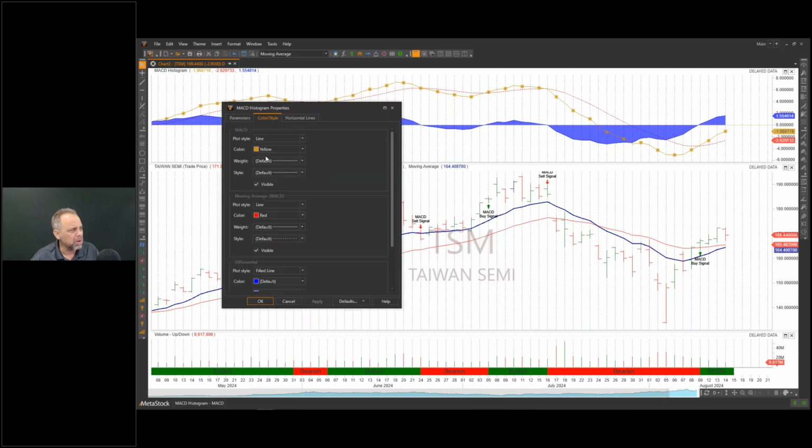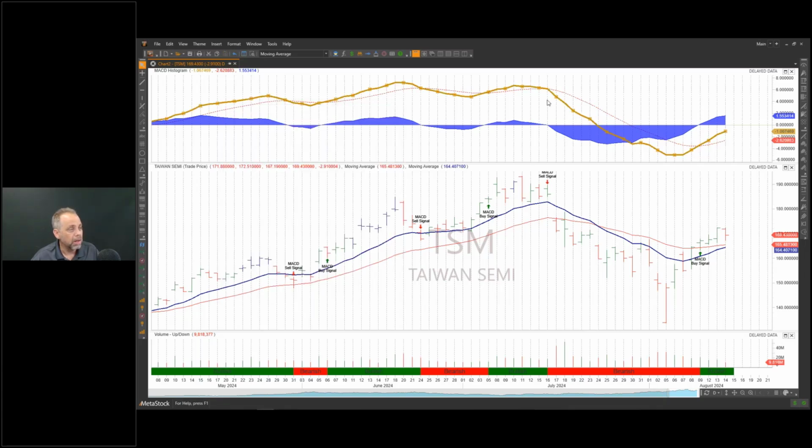The line I'm talking about I'm going to make really fat. This big yellow, goldish line is the MACD line. It's the difference between the shorter term moving average and the longer term moving average. Pretty close to the difference, because remember, it's not exactly 12 and not exactly 26, but it's pretty close.